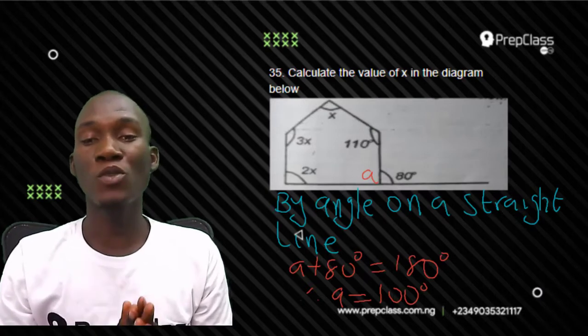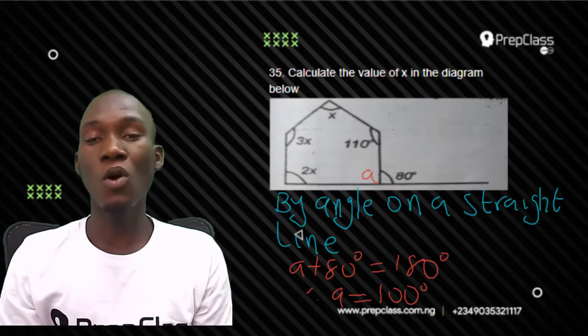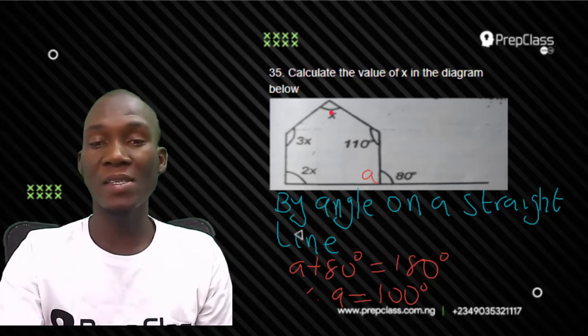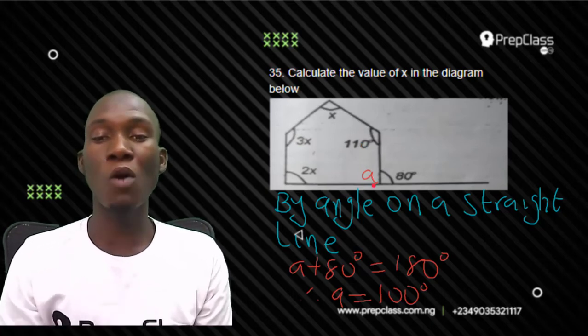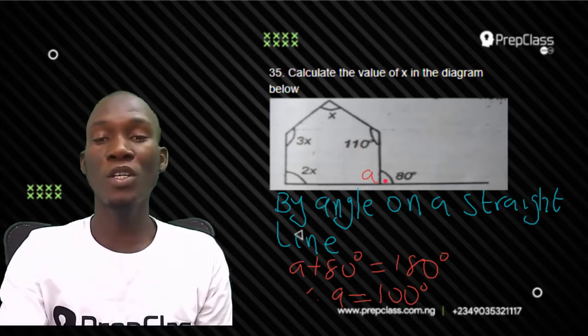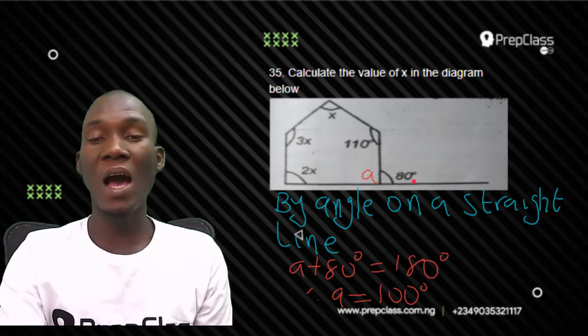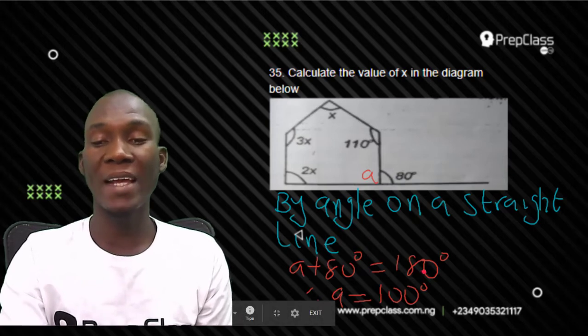Now, the first thing we are going to identify here is we need to know the angles in this polygon. Now we have the angle x here, we have 3x, we have 2x, and we have 110. This angle here we don't know. So how can we know the angle there? We need to use the idea of angle on a straight line. The total angle on a straight line is 180 degree.